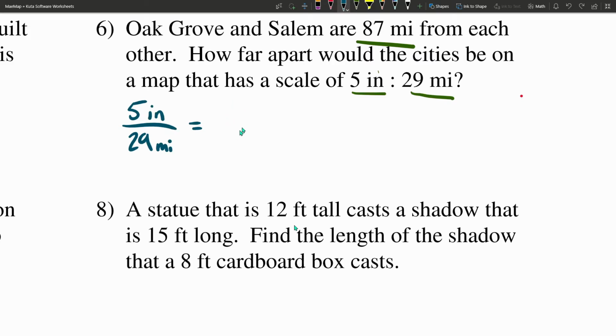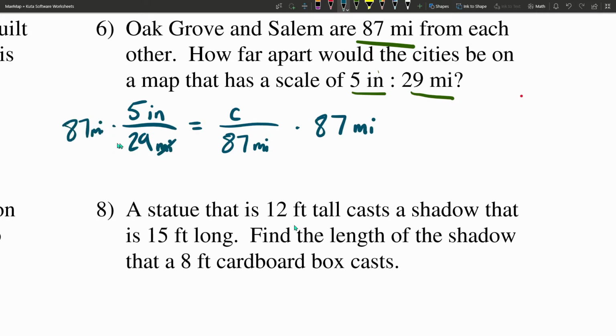This time let's use some variable c. So 5 inches over 29 miles is equal to some distance c over the 87 miles those cities are actually apart. Again, one-step equation. Multiply both sides by 87 miles.